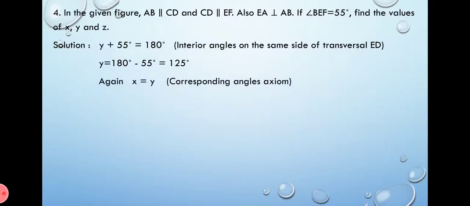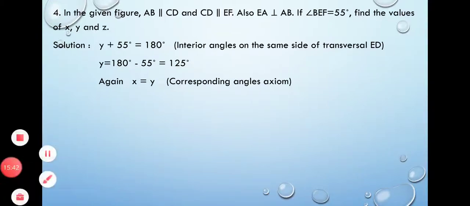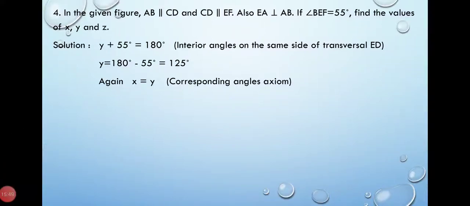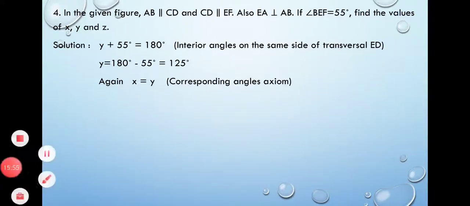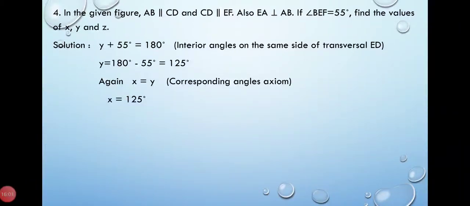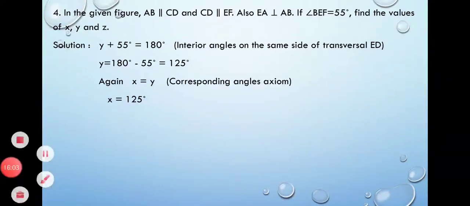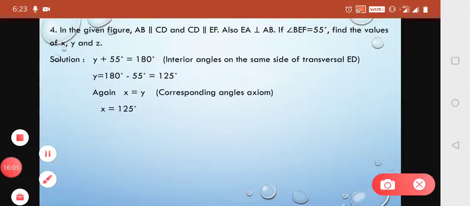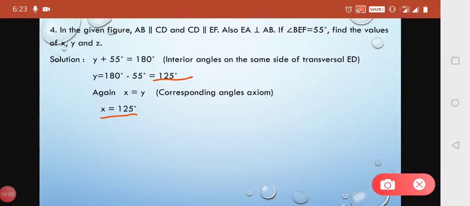Now, to find the value of X, we have X equal to Y, because they both are a pair of corresponding angles. So using corresponding angles axiom we get X equal to Y, that is the value of X will be equal to 125 degree, because we can see that the value of Y is 125 degree, so X and Y both will be 125 degree.